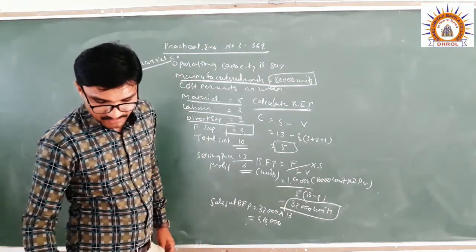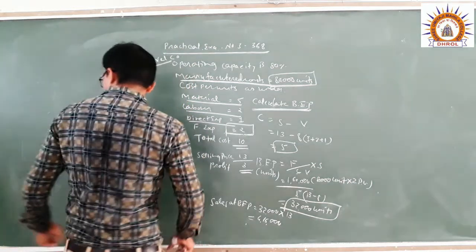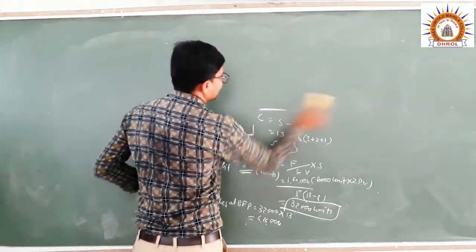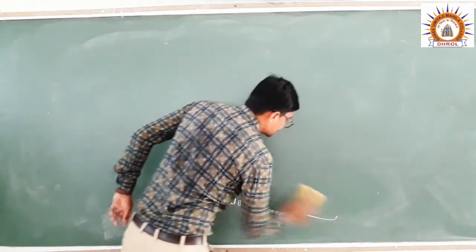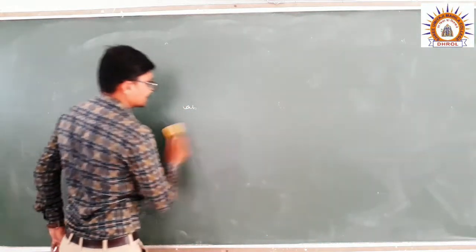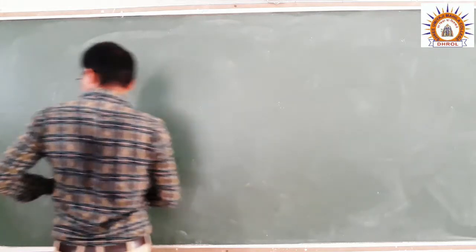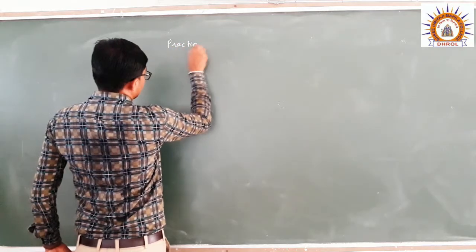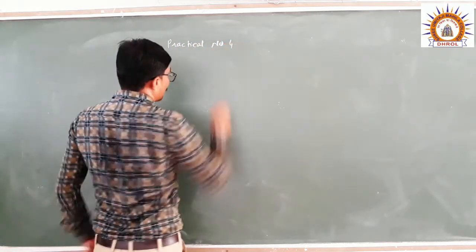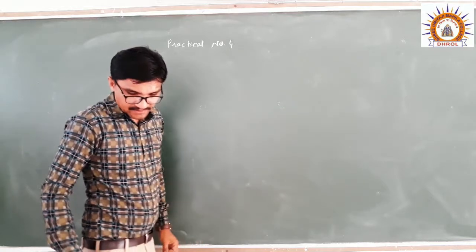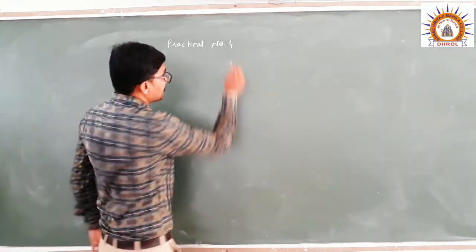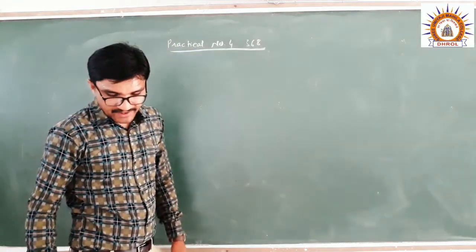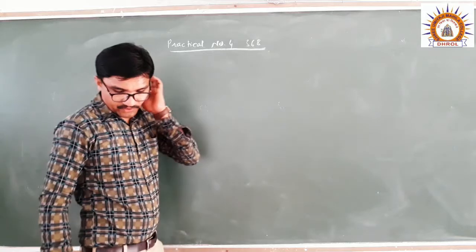Then next, example number 4, which is on page number 368. Find out the sales required to earn a profit of rupees 1,80,000 from the following data.